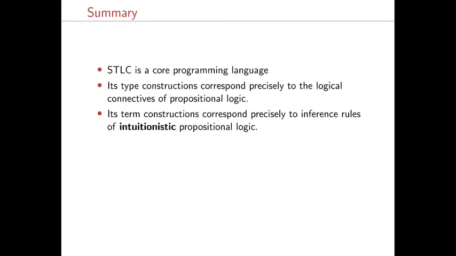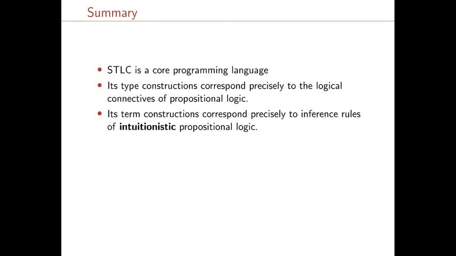Let's summarize what we have learned in this series of videos. The simply typed lambda calculus is a core programming language whose type constructions correspond precisely to the logical connectives of propositional logic. So we had the 0, which corresponds to false. We had the times that corresponds to the conjunction.